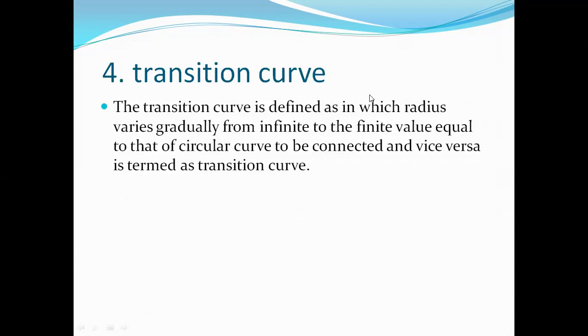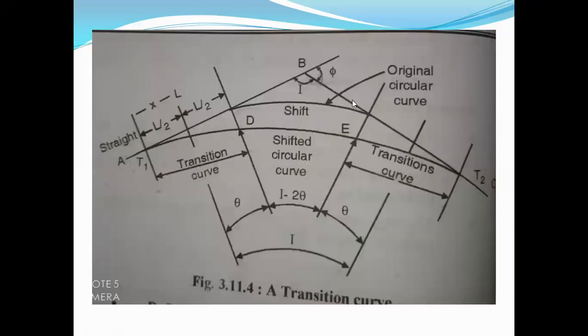See, this is a transition curve, which has a radius varying from finite to infinite value, and the value is equal to the original circular curve.